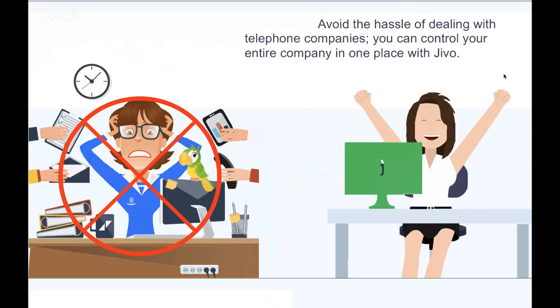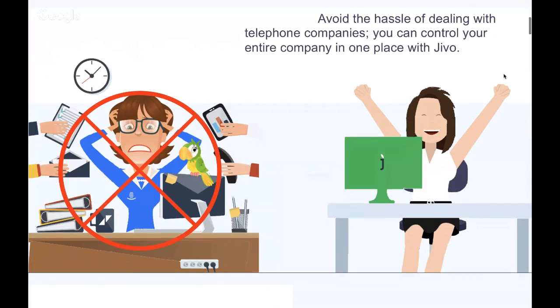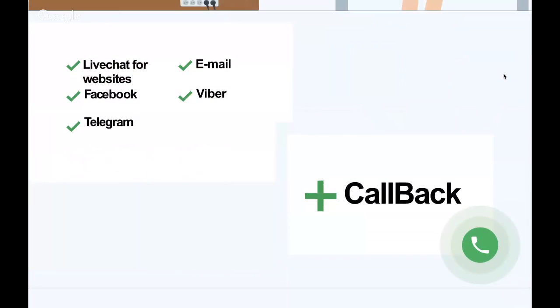Our goal is to help you avoid the hassle of dealing with telephone companies. You can control your entire company in just one place with Jivo. You might be using Jivochat already for live chats, even for your email. It's integrated with your Facebook, Telegram, or Viber.